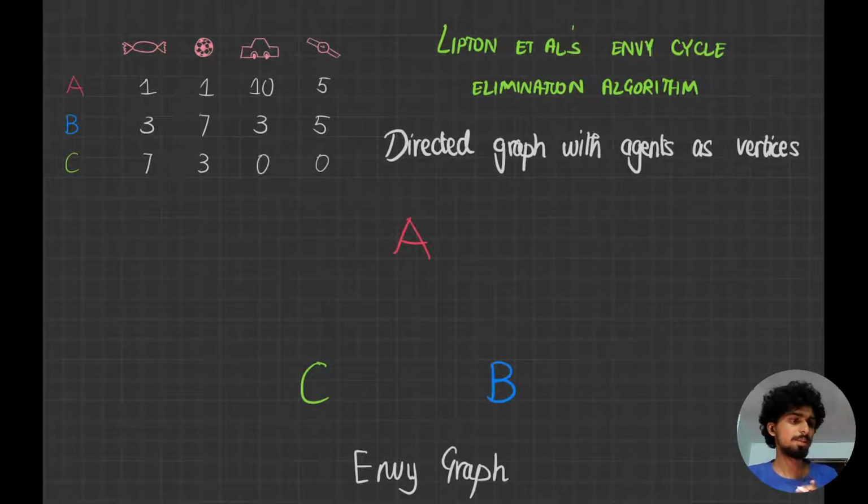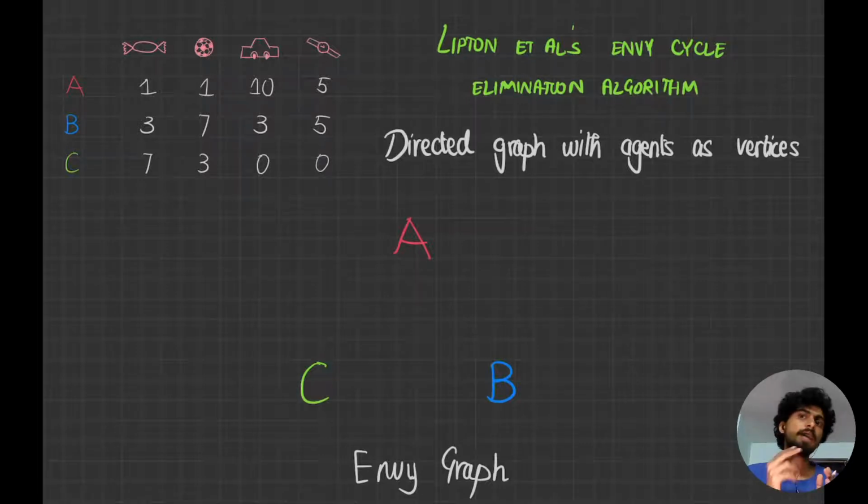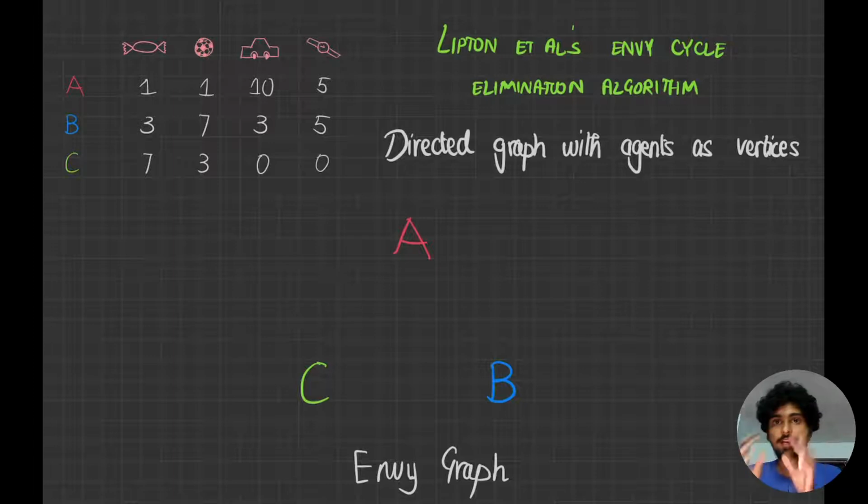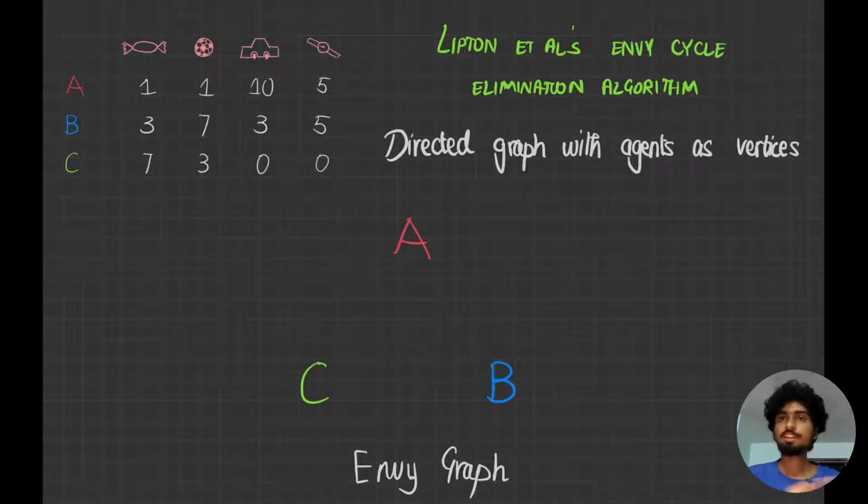The envy cycle elimination algorithm has something called the envy graph, where the agents are the vertices of the graph, and this is a directed graph. You draw directed edges based on who's envying whom at that particular allocation. Initially, no item is allocated, so there are no envy edges and the graph is empty.